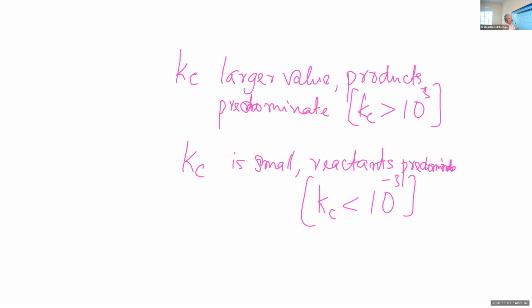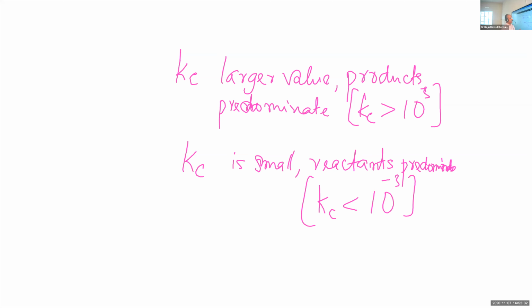Remember, Kc greater than 10 raised to 3, then the forward reaction is faster, and therefore products predominate.